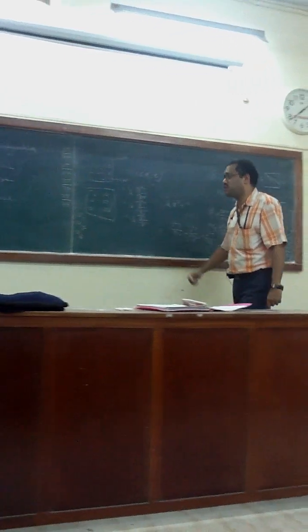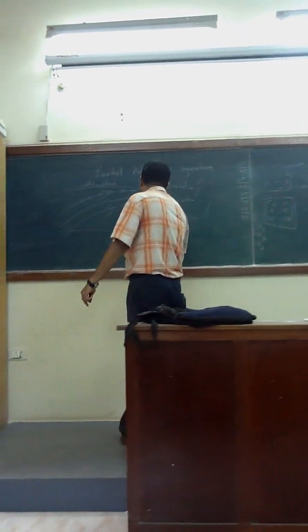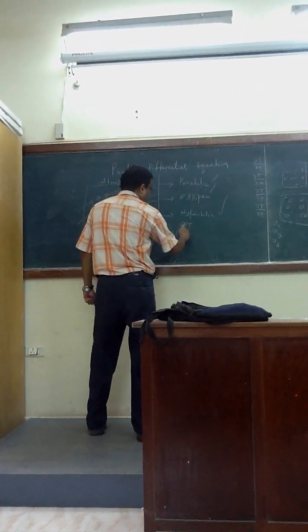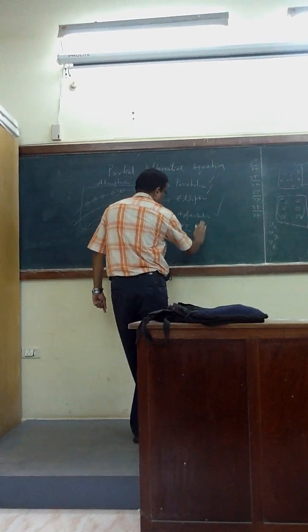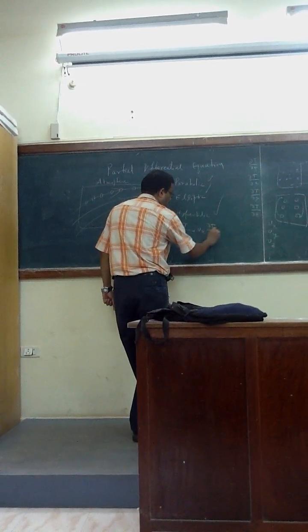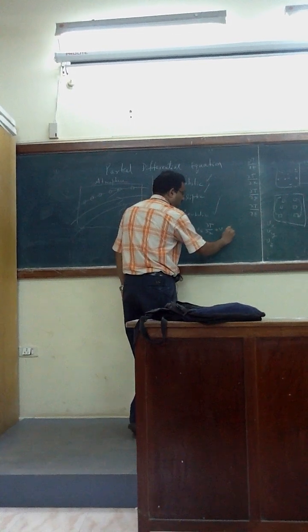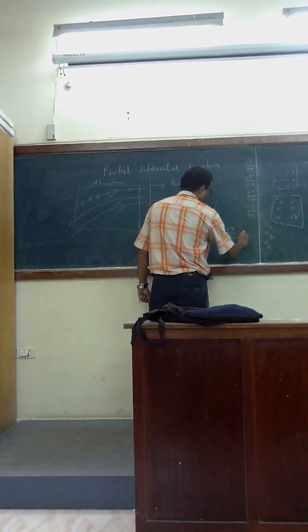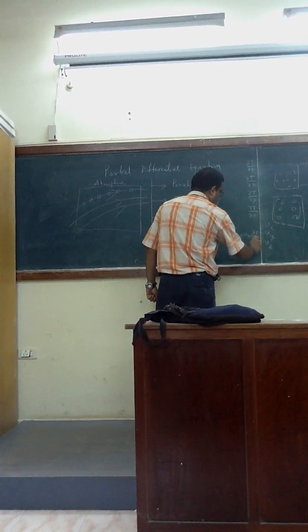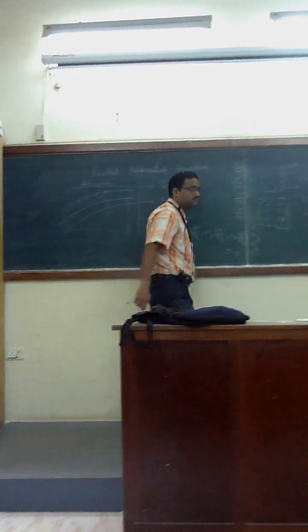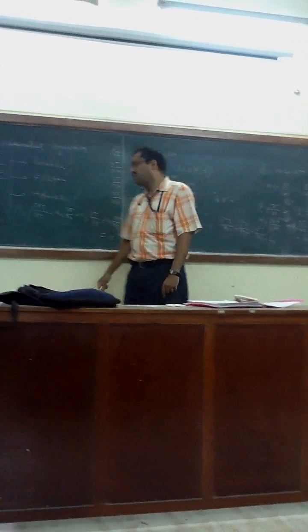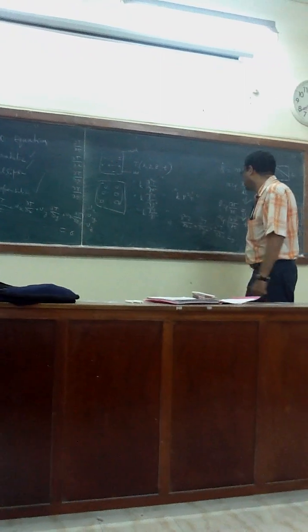So in that case, my equation will be ρCp ∂T/∂t + Vx ∂T/∂x + Vy ∂T/∂y + Vz ∂T/∂z = 0. And what actually happens?